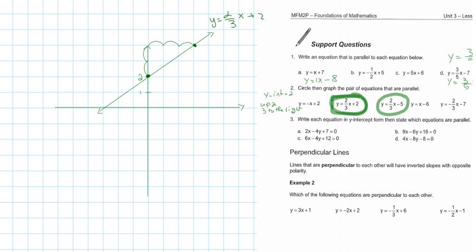Now my second equation is y equals 2 over 3x minus 5. Where's my y-intercept for that one? The y-intercept is at negative 5. Okay? So negative 5 is negative 1, negative 2, negative 3, negative 4, negative 5. So this is where my y-intercept is.